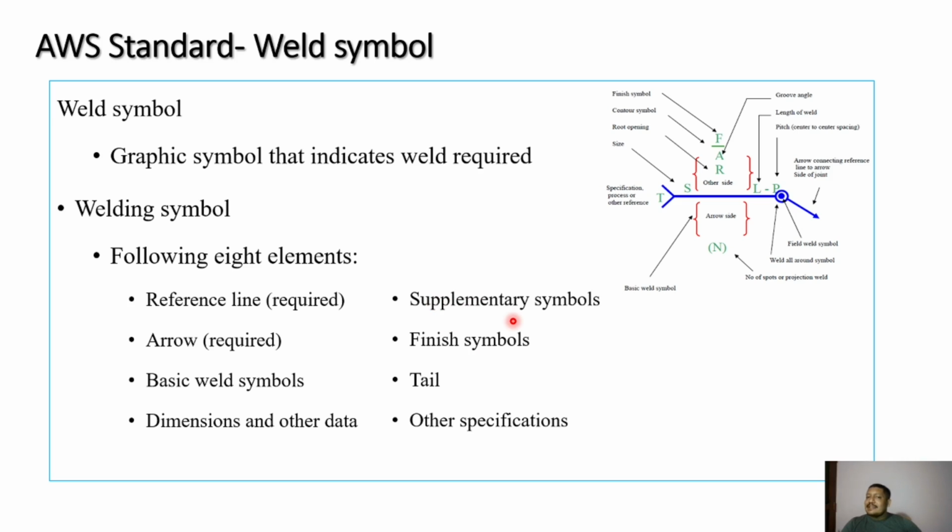Then you will have supplementary symbols like the finish after welding, what type of finishing process has to be achieved. And you will require a tail. Here you will have some numbers to indicate which part family it belongs to, or specifications of certain other processes like current, voltage, etc.